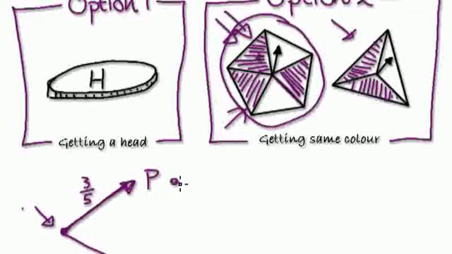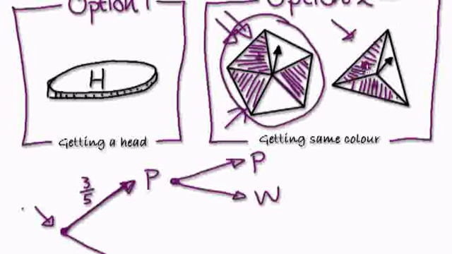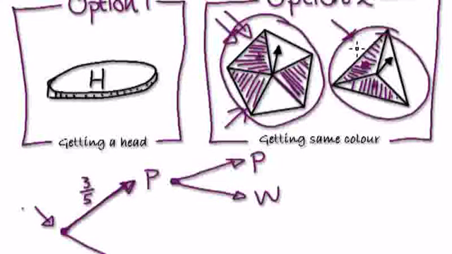With this spinner, you could get a purple or a white one again. So here the probability of you getting a purple would be 2 over 3.